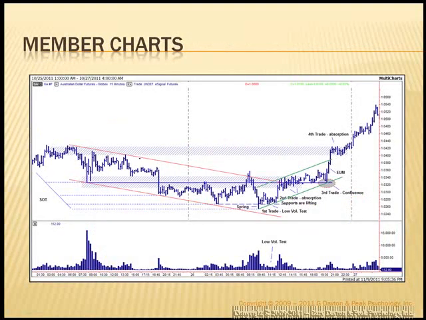All right, one person sent in, and I asked for permission to use this, and he graciously gave us permission. This is a very nice chart in terms of identifying absorption and seeing shortening of the thrust.